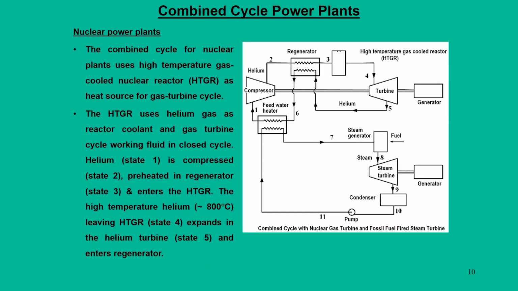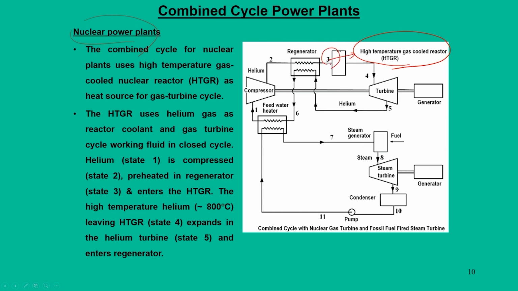The next application for combined power cycle operation is integration with a nuclear power plant. Normally when you think about a nuclear power plant, we call this a reactor. We call this a high temperature gas cooled reactor, which is your number 3.